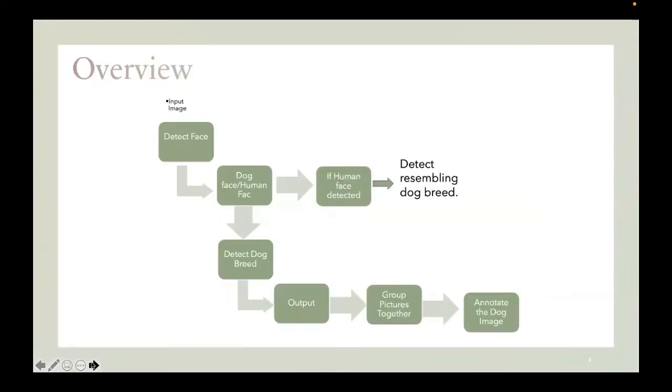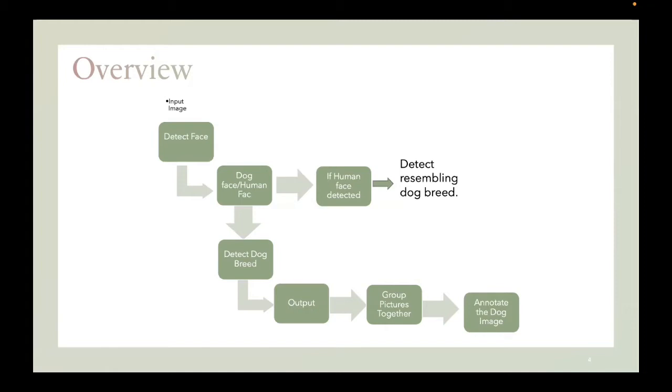The framework of the project is outlined here in the form of a flowchart. As you can see, the first input is an image or a number of images. I have designed the system such that it will take the input image and detect the face by face recognition.